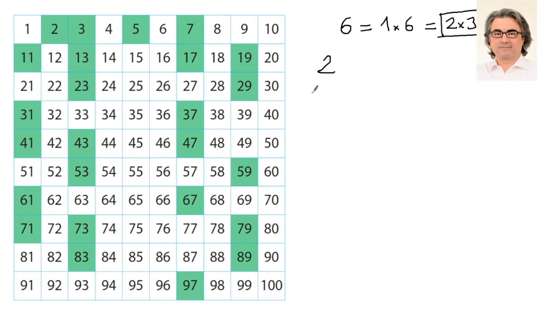What about 1? 1 is neither prime nor composite. So let's clean 1 from the desk firstly. Neither prime nor composite. So let's come to 2. 2 is a prime number, the smallest prime number.